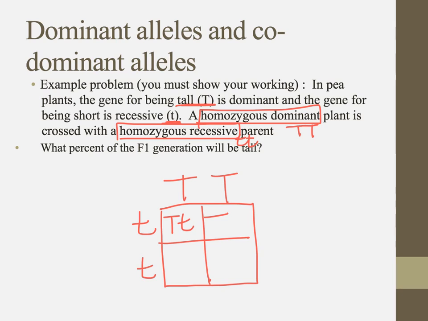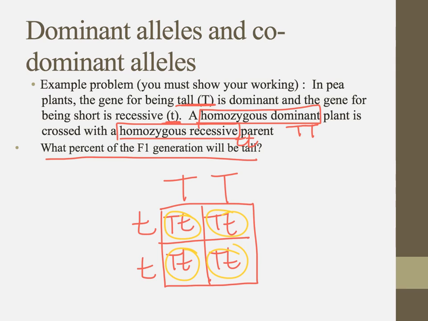And so when I do my cross, I can now answer this question: what percent of the F1 generation will be tall? Well, since tall is dominant, and all of these have a dominant allele in there, that means 100% of the F1 generation is tall.